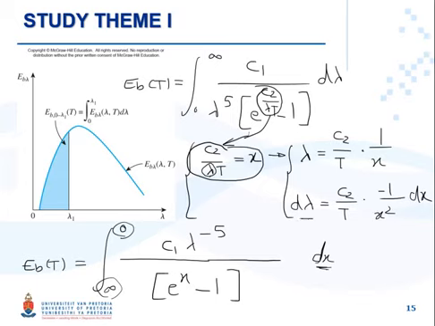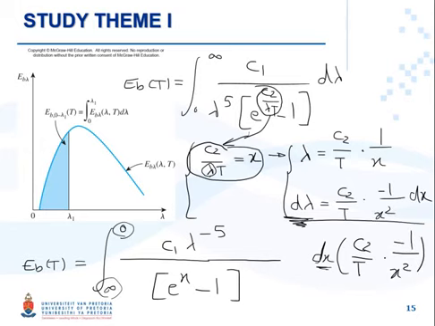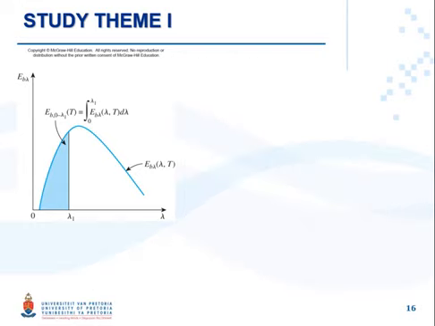But we need to add these terms into it as well: C2 over T, minus 1 over x squared. Basically this one was d lambda. So it's basically the same. We are just substituting different things. Okay, let me go to the next slide and continue.